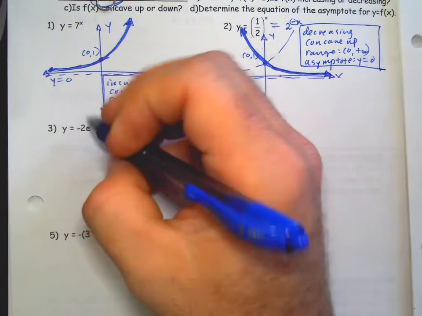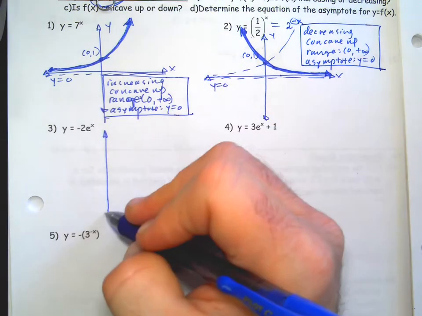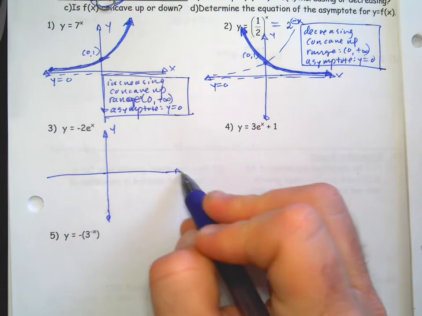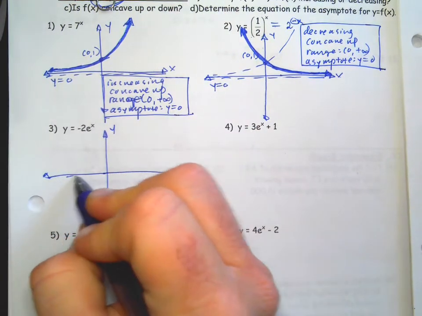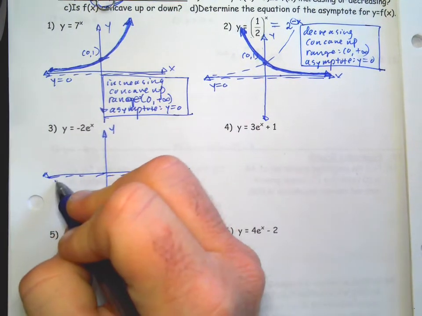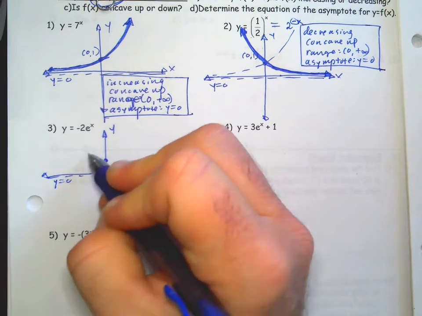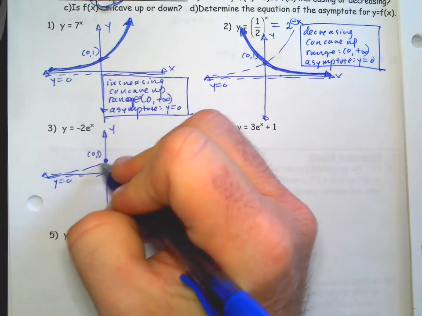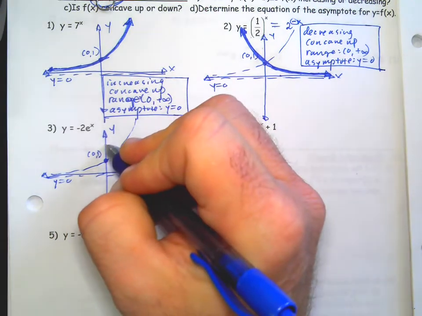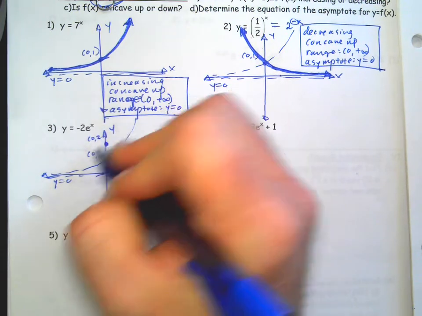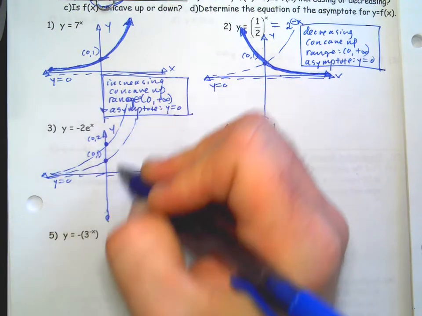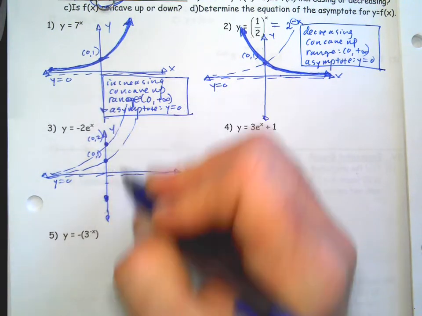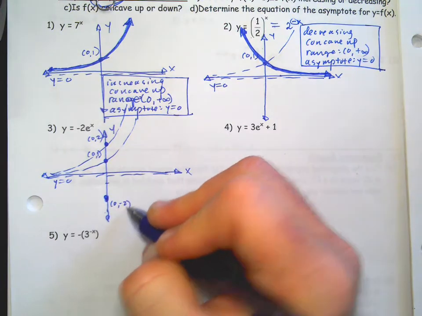Okay, next one. So kind of starting all these out the same. So horizontal asymptote, y equals 0, y-intercept 0, 1. So e to the x is like that. The 2 makes it twice as tall, 0 to 2. So it makes it steeper. And then the negative flips it upside down. So we're keeping track of that y-intercept.